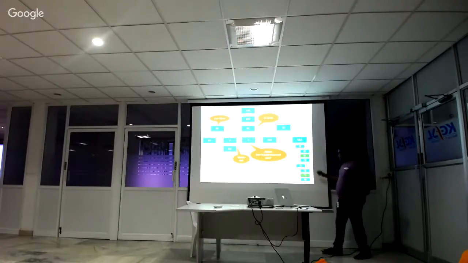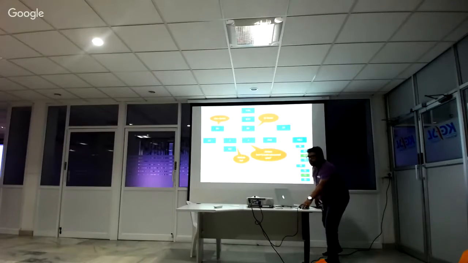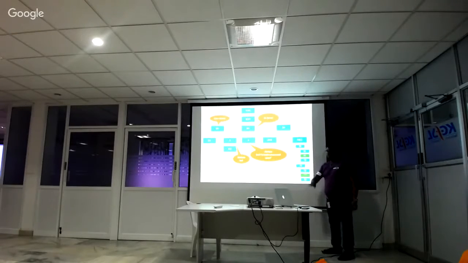Question: if I want to identify only this one, is it recommended to give the index there? If you want to specifically identify this element and you don't have any other attribute, then you have to do this.